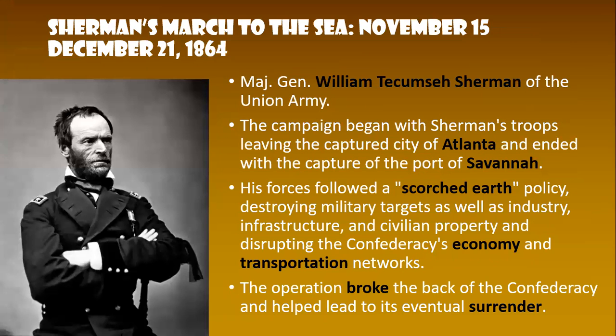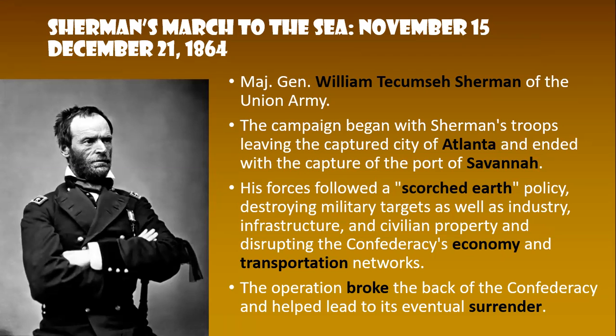Another major event is General William Tecumseh Sherman of the Northern Army. His march to the sea is a huge hit for the Confederacy. It begins when his army is leaving Atlanta and they are marching and destroying everything in their path to Savannah. This is a scorched earth policy.